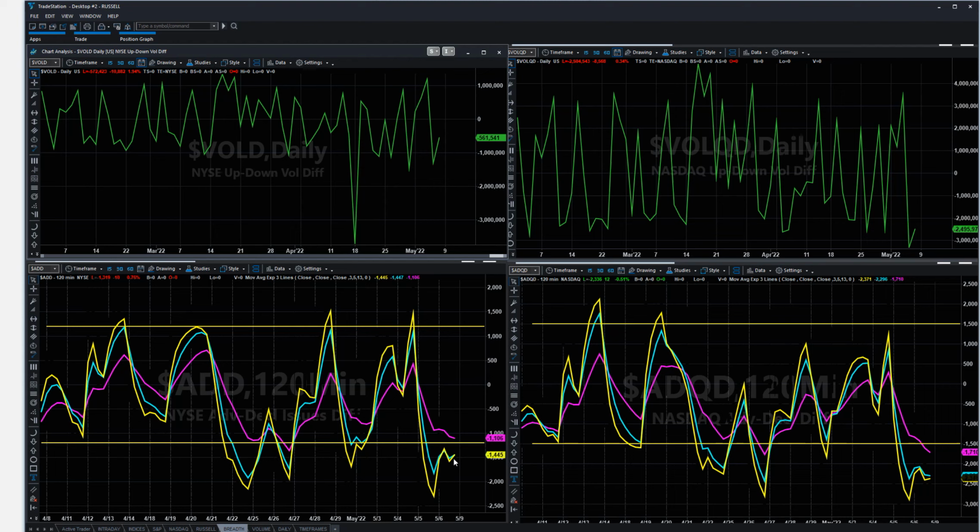When you see these little kinks like this, where you see a move off of overbought or oversold, and then a little move to the downside again, a lot of times it's not 100%, but a lot of times what happens is you'll see another thrust back down. I wish I could go back and find a place where that happened. Well, it happened right here. You can see this here was a little kink, and then we had the additional thrust to the downside. So I'm kind of watching for that on Monday.